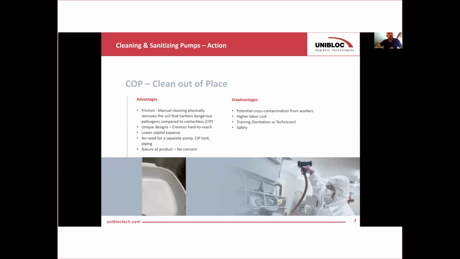If you have equipment that has a very unique design, then the CIP system may not access it properly. Here you can see in the lower picture, which I took from my own example, a bowl that has been run through the dishwasher, but you can still see signs that there is dirt left on the bowl. So even the CIP system did not work, and I had to manually scrub it afterwards.